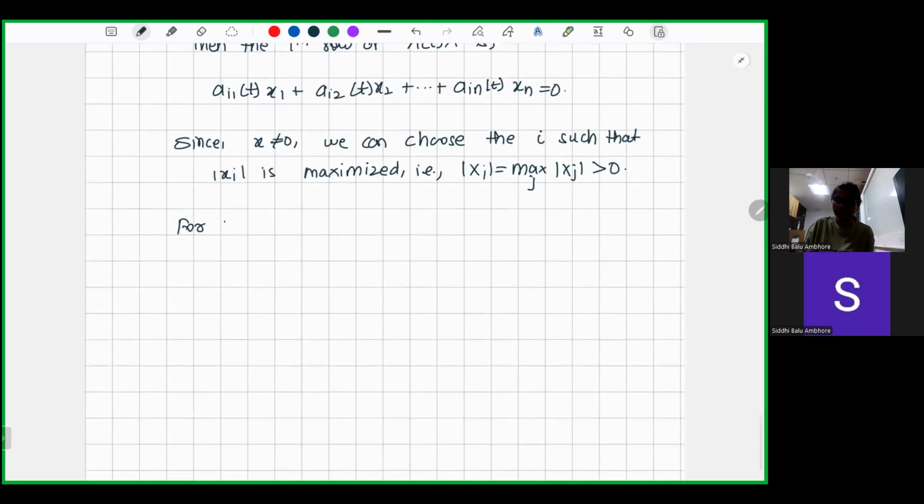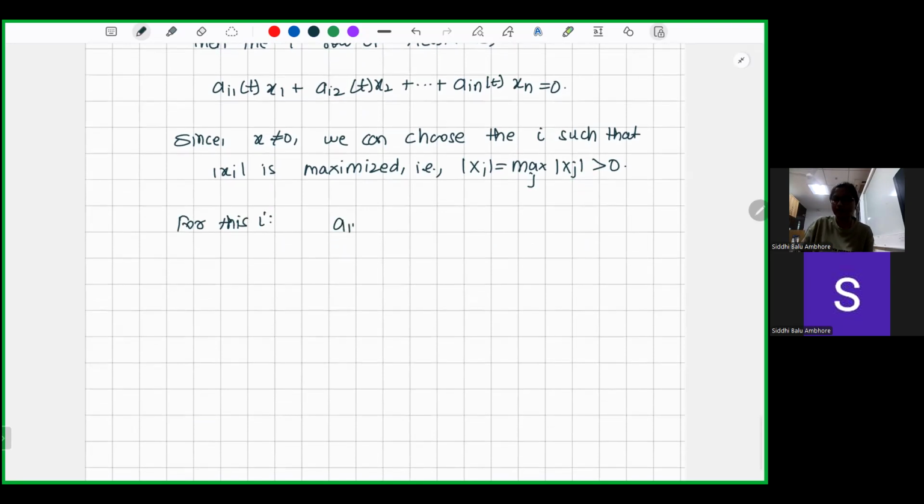For this maximized i, we will have a_{ii}(t) x_i will be the summation. I'm just using this formula here and the statement we got. This will be minus of the sum of a_{ij}(t) x_j.